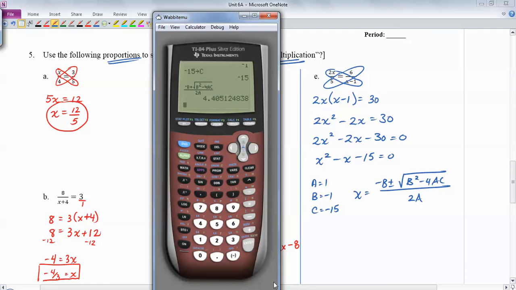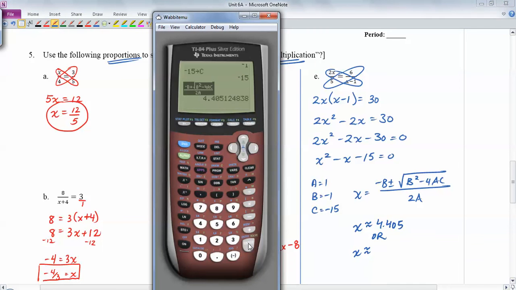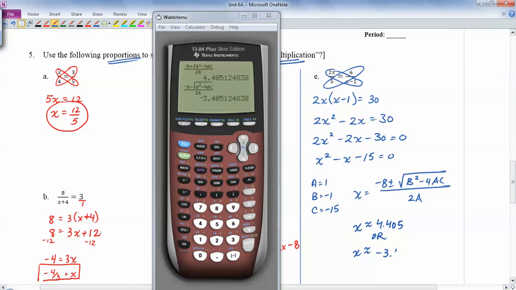And there's one of my answers. So x is about 4.405. Or the other answer, so I'll just come back up here, select it, hit enter to paste it, and then come back over here and switch that plus to a minus. Negative 3.405.